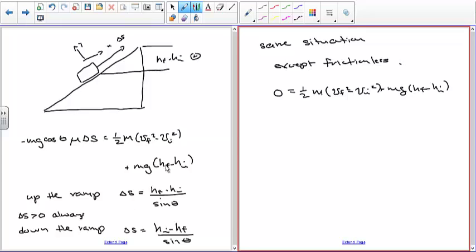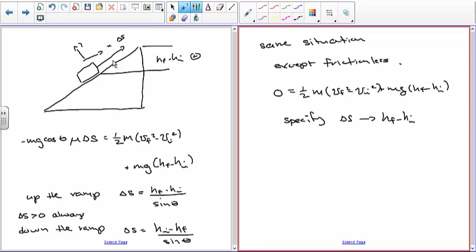So I might specify delta S. This block slides down 10 meters. If I specify delta S, you need to calculate h final minus h initial and make sure the sign is the correct way.